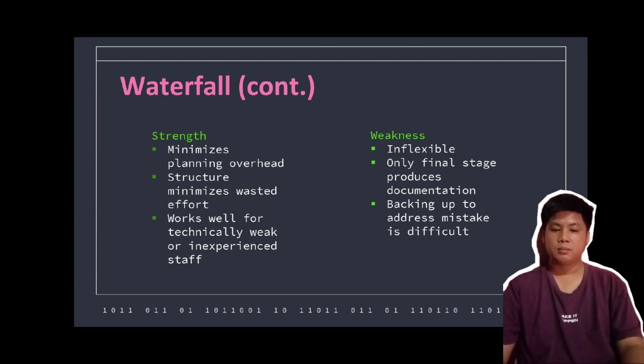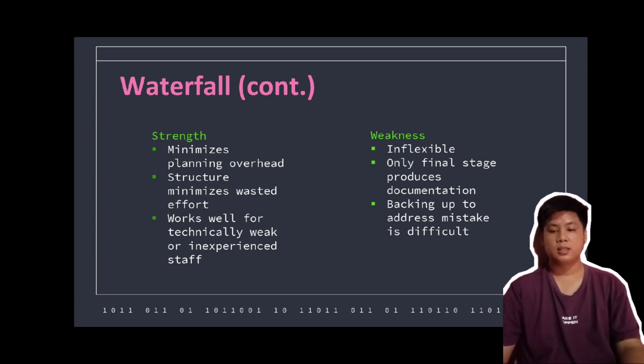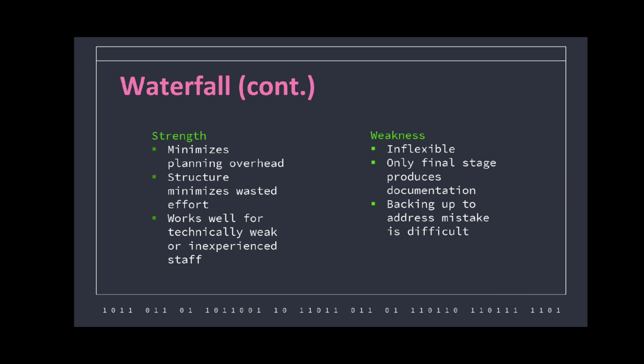Strength: minimizes planning overhead. Second, structure minimizes wasted effort. Third, works well for technically weak or inexperienced staff. The weaknesses are inflexible, and only the final stage produces a working product.